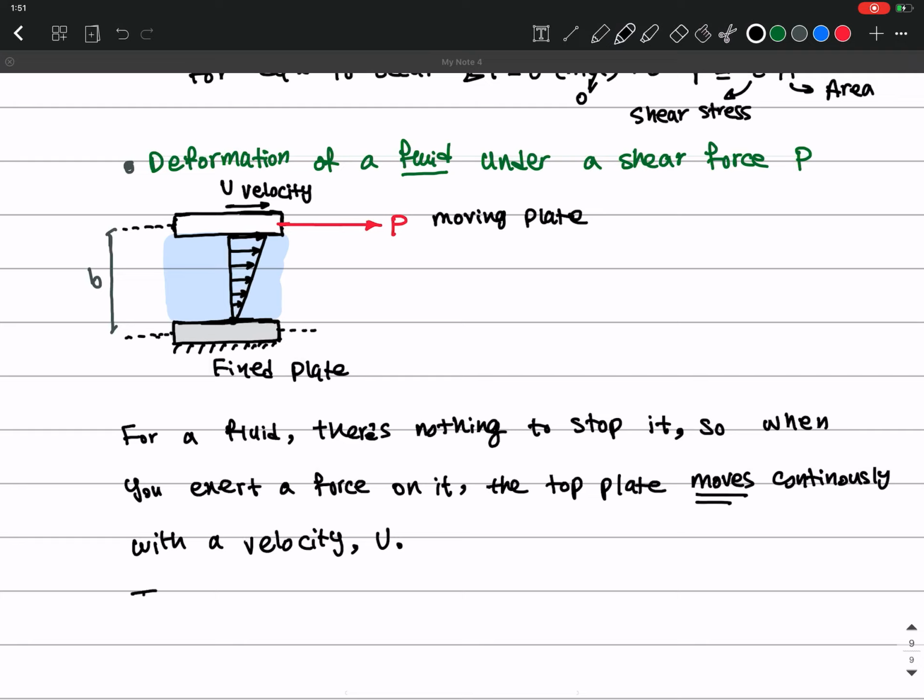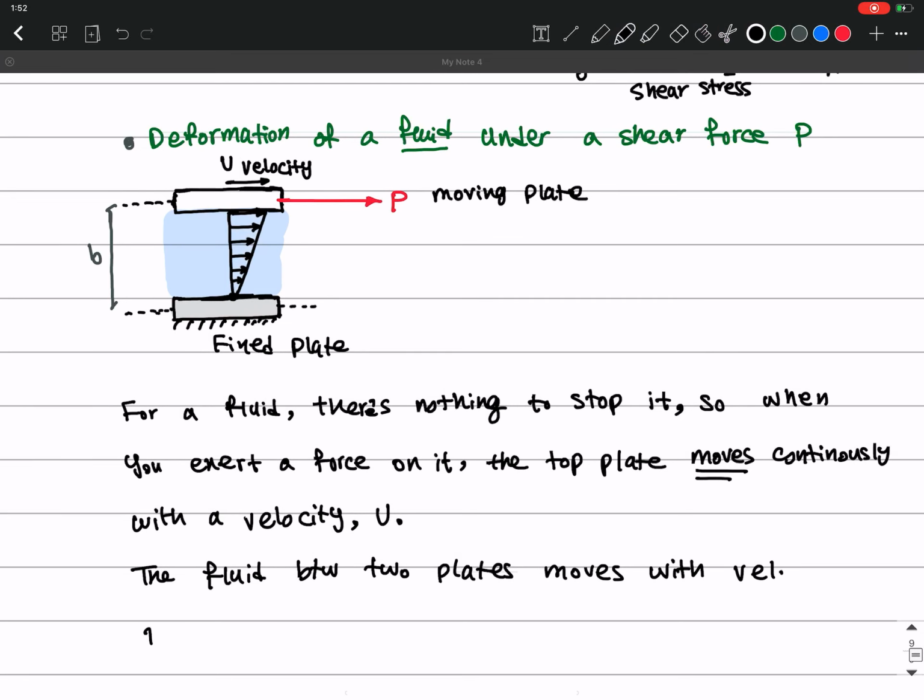And the fluid between two plates moves with velocity u as a function of what?